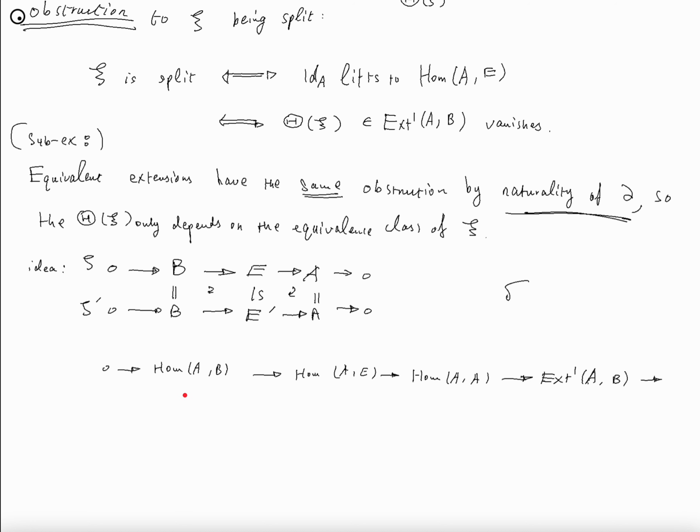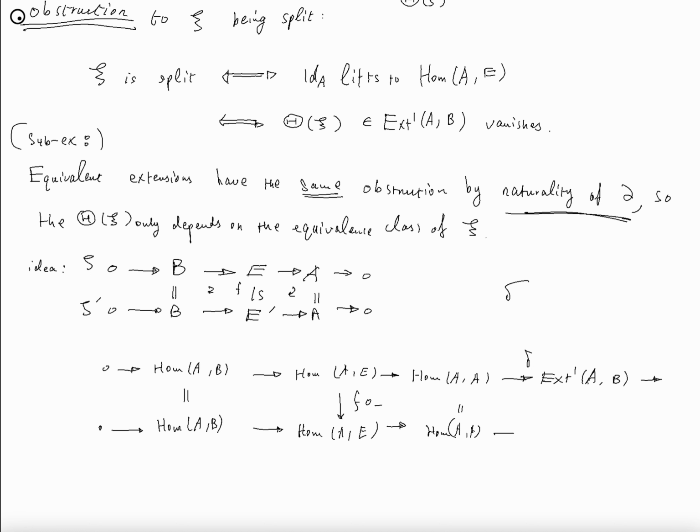So here we got A to B, and then composition with this map, which is identity. So this is actually just A to B. And here, let's call this F. Actually, you got A to E, and compose with F, got a map A to E again. And here again Hom(A,A). And then here we got your partial.